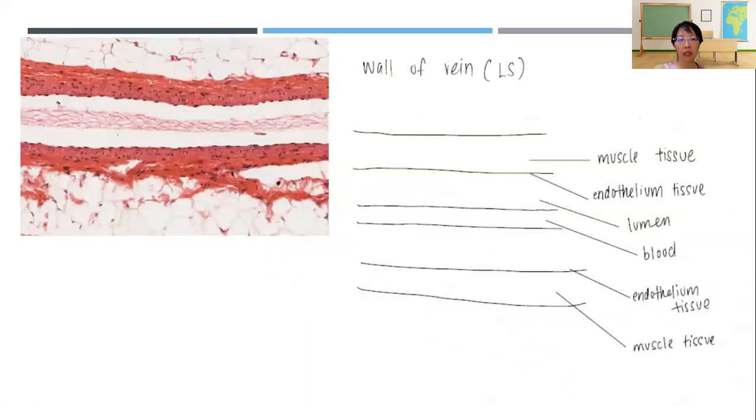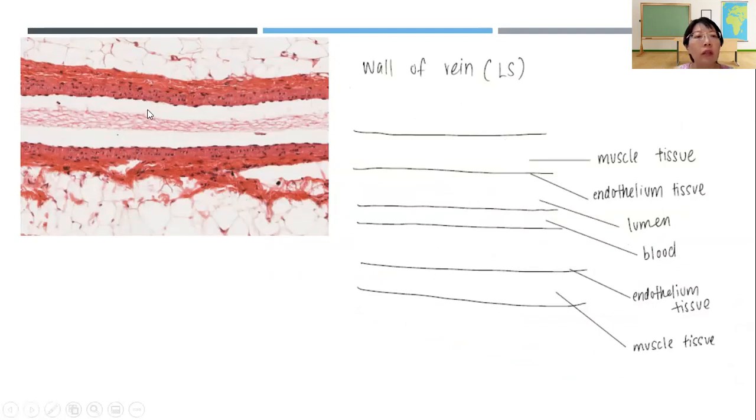All right, for this longitudinal section of the vein, I actually asked you to draw the vein, not the wall. So this one is not correct because you didn't actually draw everything of the wall.